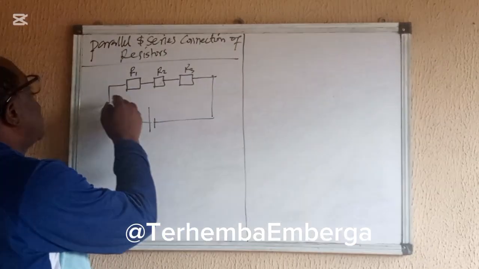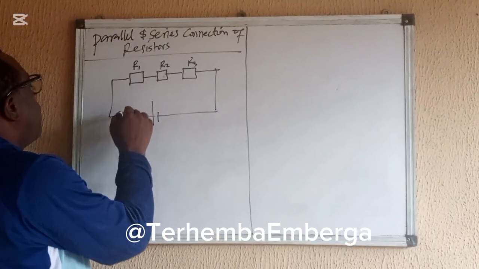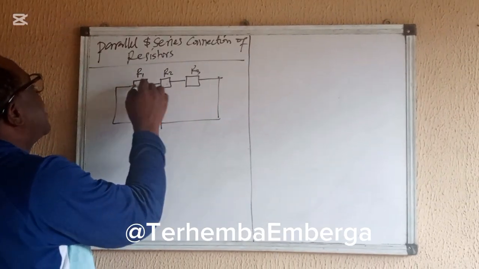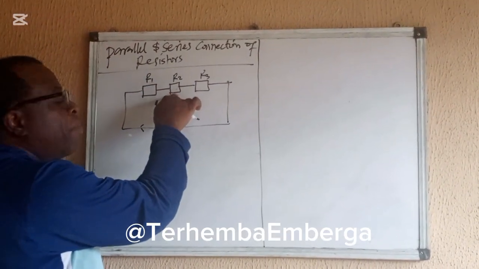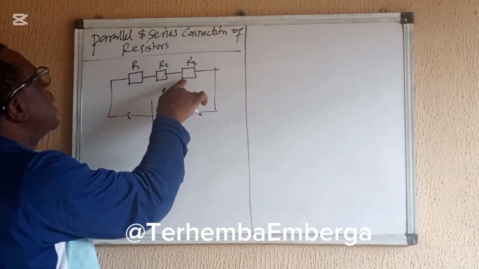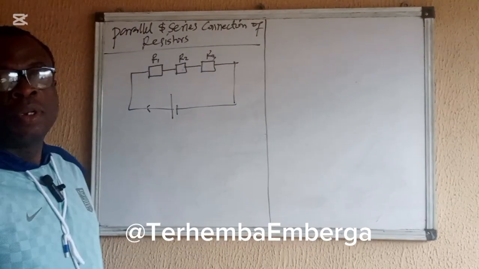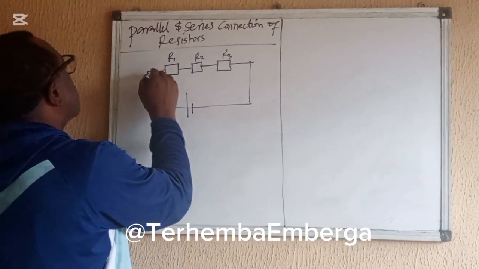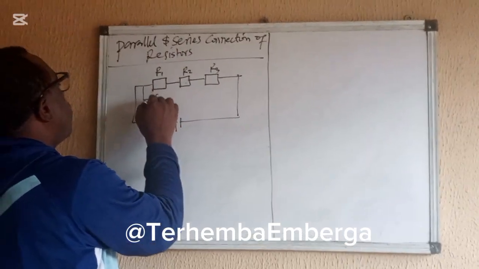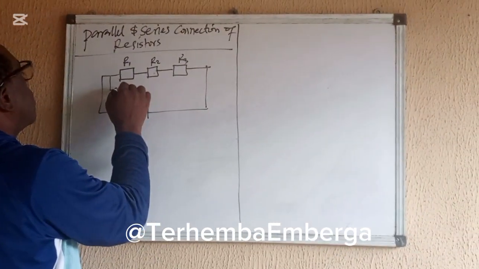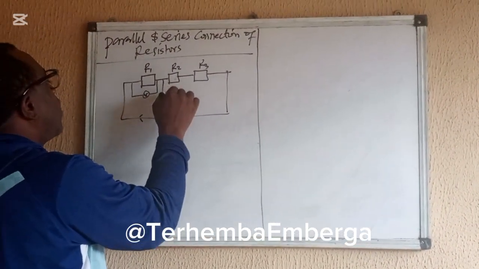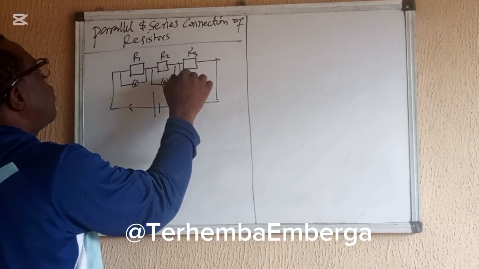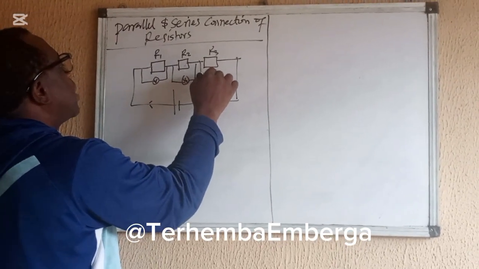So the current passing through resistor 1 is the same current that will pass through resistor 2 and is the same current that will pass through resistor 3. Whereas the potential difference for R1 is different, potential difference for R2 is different, and potential difference for R3 is different.